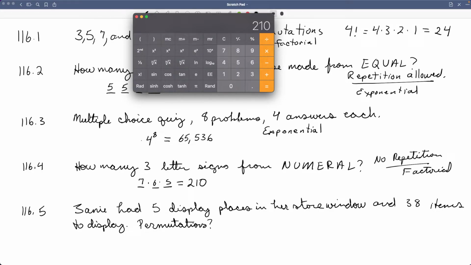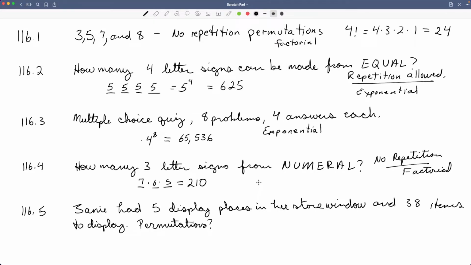And we know that that works because of the associative property of multiplication and the inverse operation of division. We know that if we have 4 times 3 times 2 times 1 here, that's 24. So this big number here, that would have been like 5,040, divided by 24, gives us these 3 multiplied together, just because of the way math works. So that is a possibility that you can use.